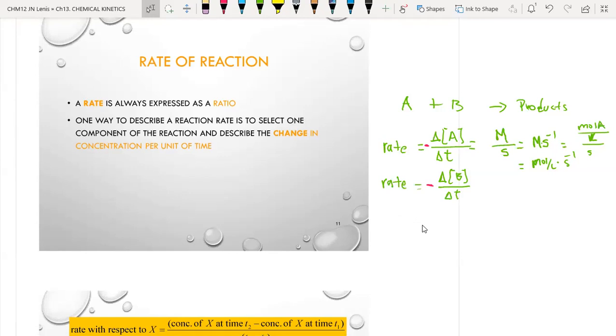When we are solving equations, sometimes you have to take into consideration and remember that the rate of reactants is going down. So don't forget that. If you make a calculation where the rate of the reactive is going up, something is wrong, right? Because the reactives are being consumed and the concentration goes down.